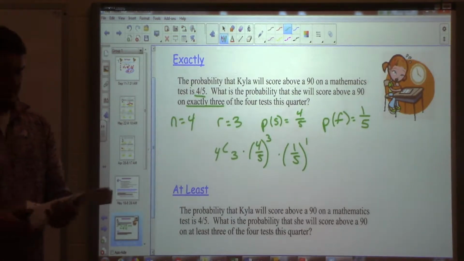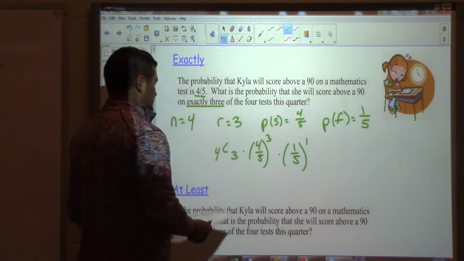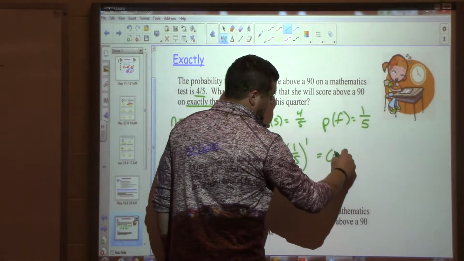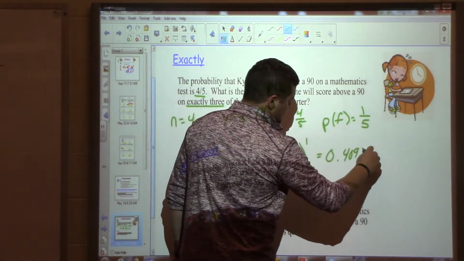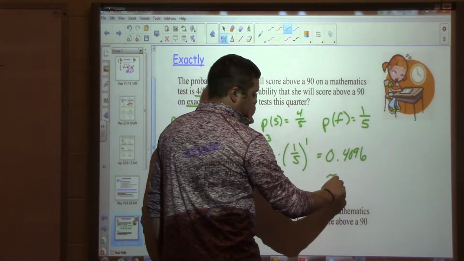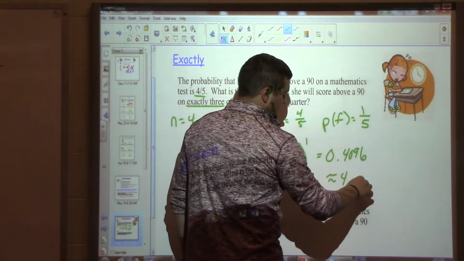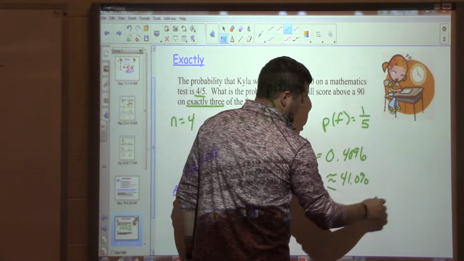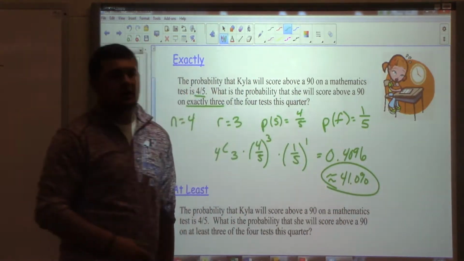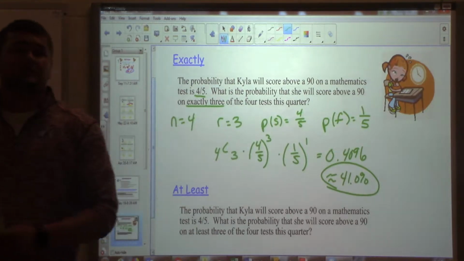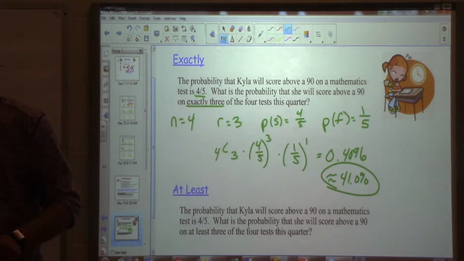I'm going to write it out as a decimal first, and then change it to a percent. 0.4096, which is approximately 41.0%. Alright? That wasn't so bad, was it? We know how to do that. That was our lesson on Friday.